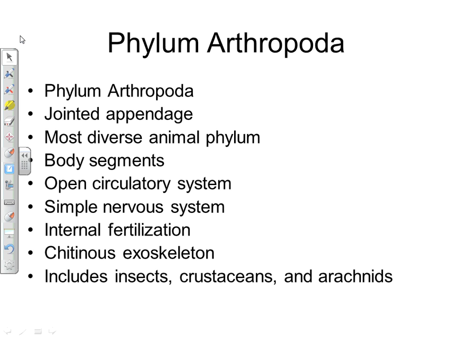They have an exoskeleton, outside skeleton, no bones. Their exoskeleton is made of chitin, which we know is what kind of material? It's a sugar, it's a carbohydrate, it's a lot like starch or cellulose. And the members of this group include all our insects, our crustaceans like lobsters, shrimp, and also the arachnids, like spiders and mites.